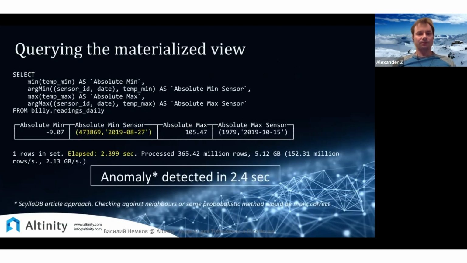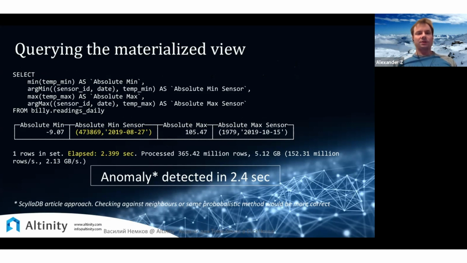And here it is. What we want to do is find a sensor which shows some anomaly. Anomaly means the temperature is very low, and this is not my definition. This is how those guys did it. In fact, I would probably use some different algorithm, looking at neighbors or using some probabilistic methods.